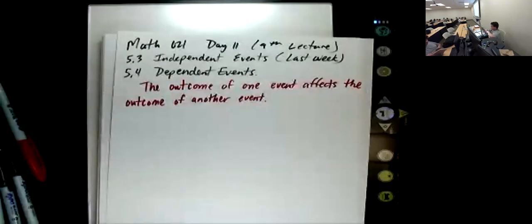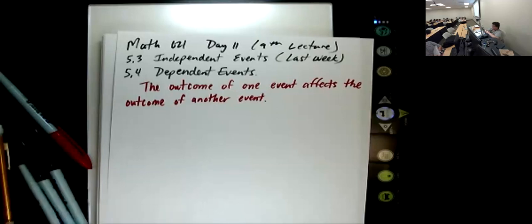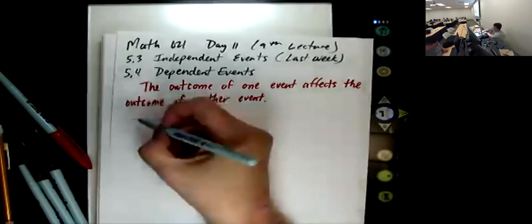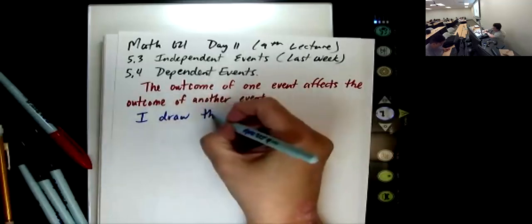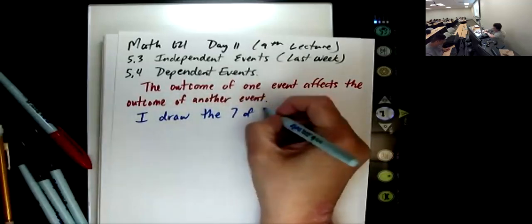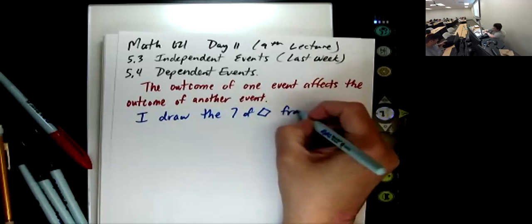And just a quick scenario to flesh it out in your head what I'm talking about. Let's say I draw the 7 of diamonds from the deck.